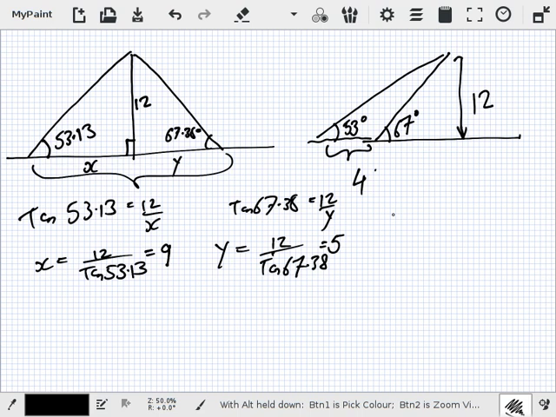Right, now I need a bit of sellotape. I know somebody might have sellotape in their pencil case. Oh, wonderful. I need a little piece.